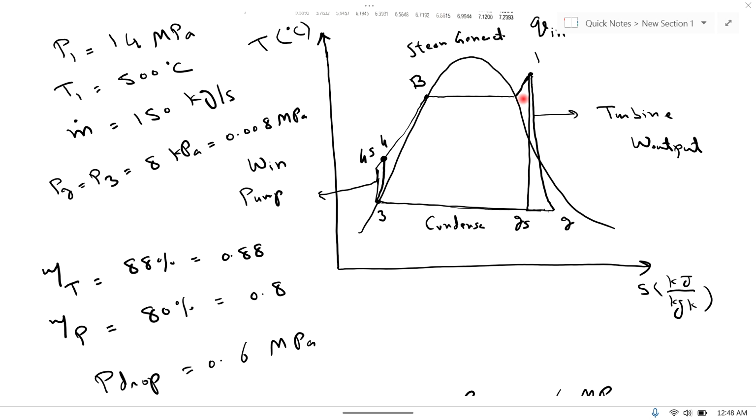First I am starting from point 1. Point 1 is in the superheated region, and this is clear from the given data, because P1 is equal to 14 megapascal and T1 is 500 degrees centigrade.